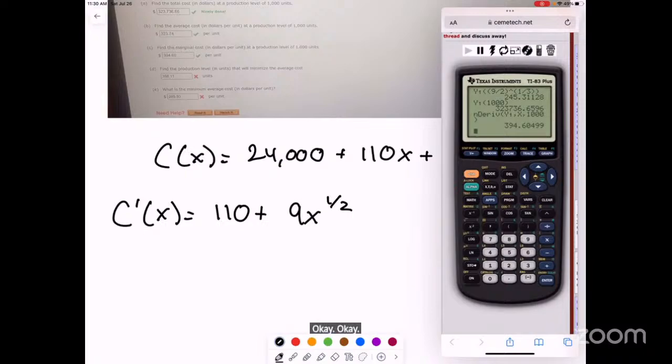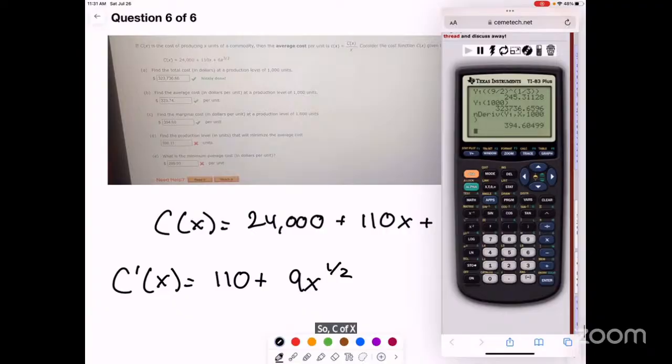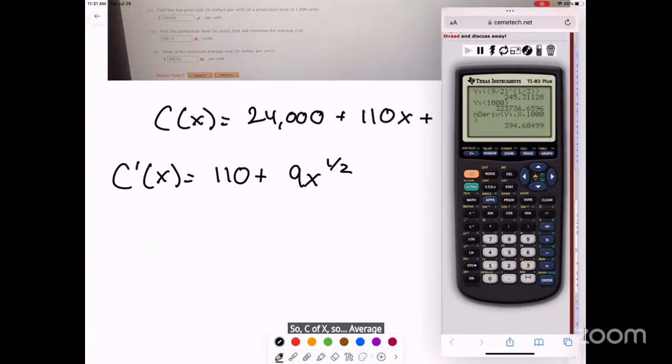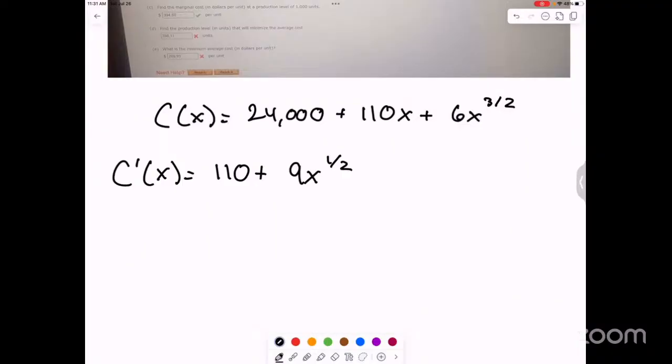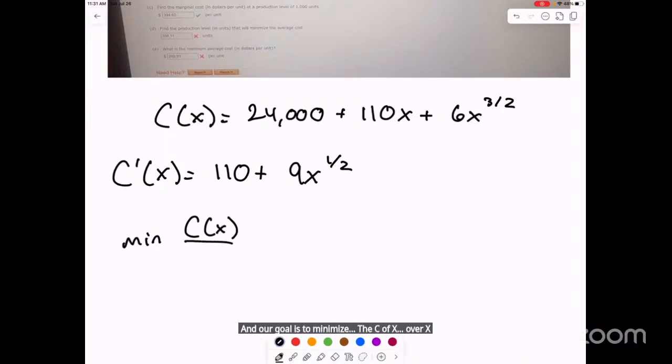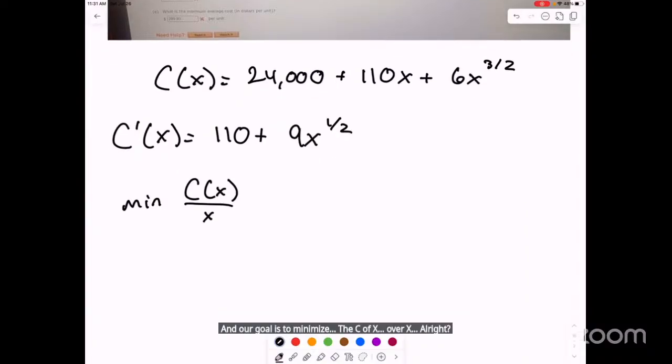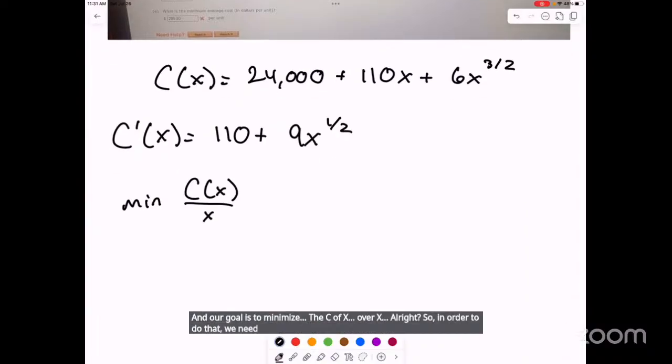Okay, find the production levels that will minimize the average cost. So average cost was C of X over X, and our goal is to minimize the C of X over X, right? So in order to do that, we need the derivative of this function.